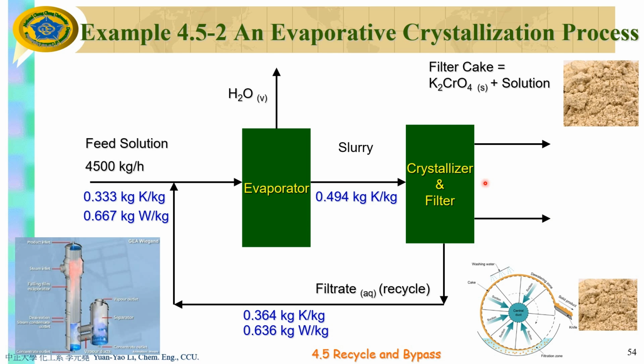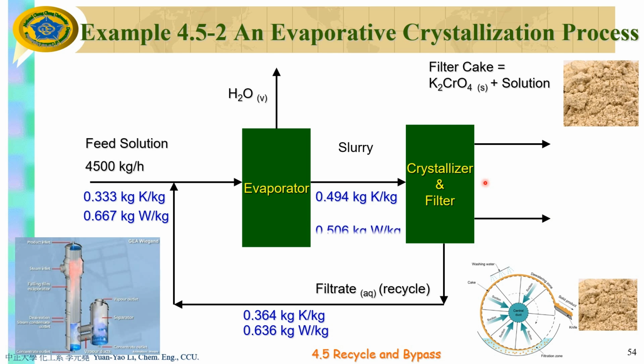Okay, so the second paragraph, line 4. At the end of line 4, the wet filter cake consists of the potassium chromate crystal, right? So this is a potassium chromate crystal, and the solution contains 36.4% potassium chromate, which is saturated potassium chromate.